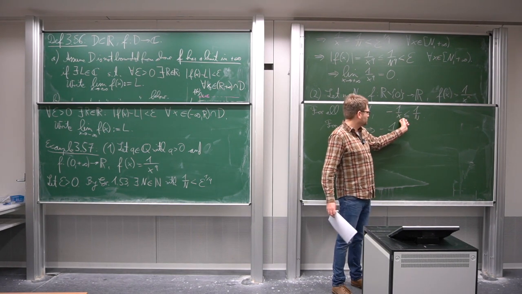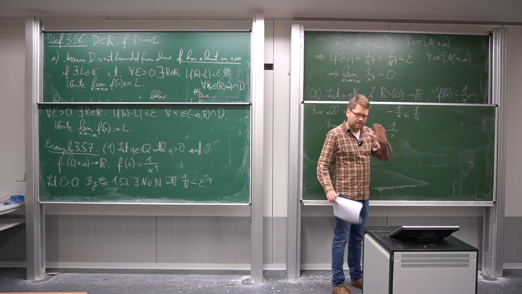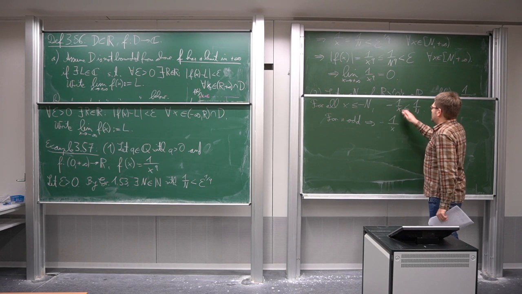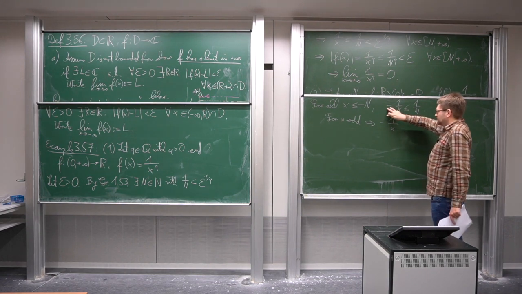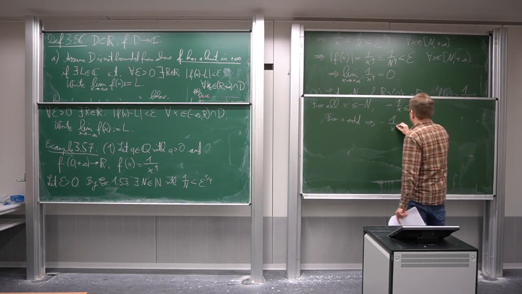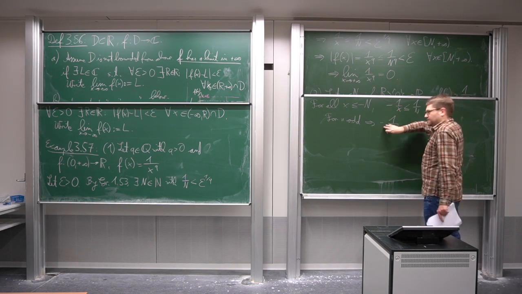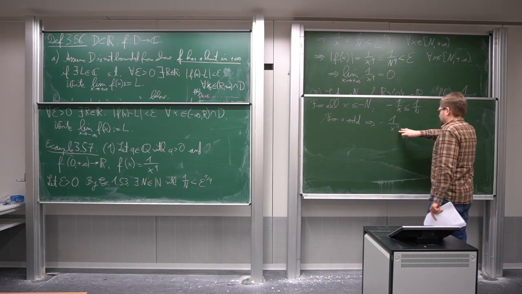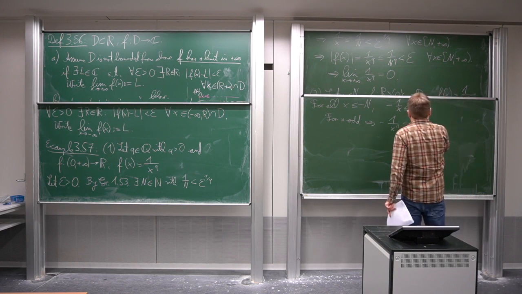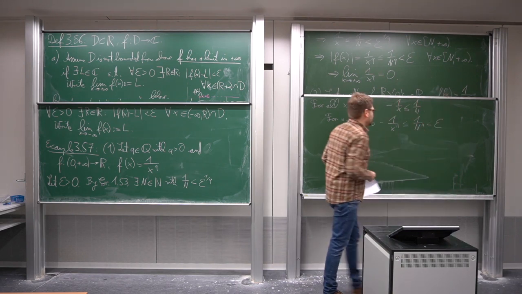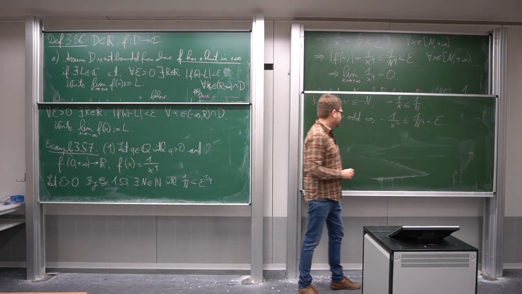So if we take this to the power of n and this to the power of n, we get the same expression. Namely for n odd, this power would be minus 1 to the power of n, times 1 over x to the power of n. So minus 1 to the power of n, if n is odd, we get a minus. So this means this expression is smaller than or equal to 1 over n to the power of n, which is by construction of the large n smaller than epsilon.